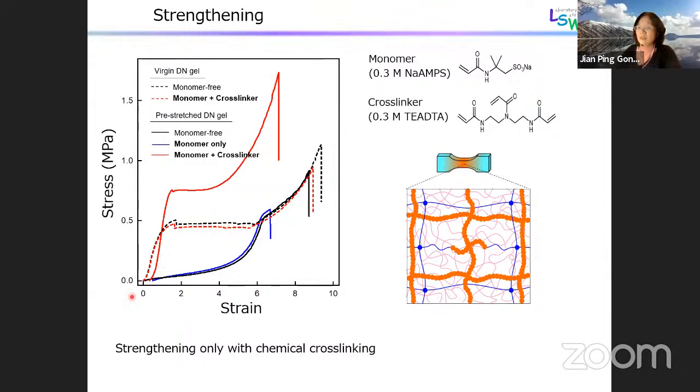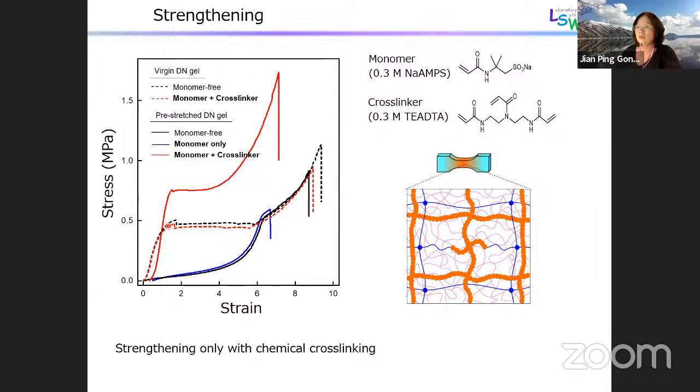So you can see at the first loading, we do not see differences. So that means at our loading speed in this case, the new polymer network is not formed yet, or hardly formed.